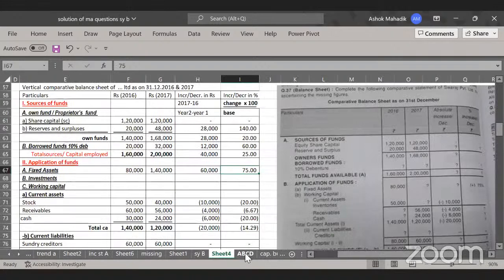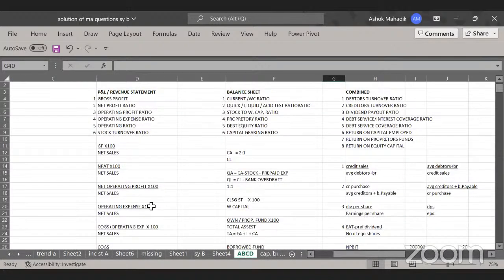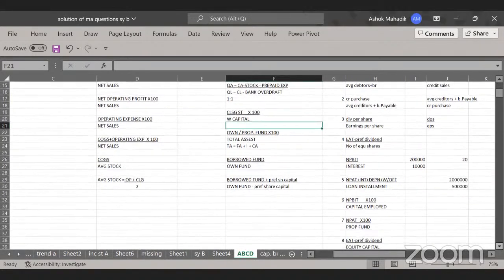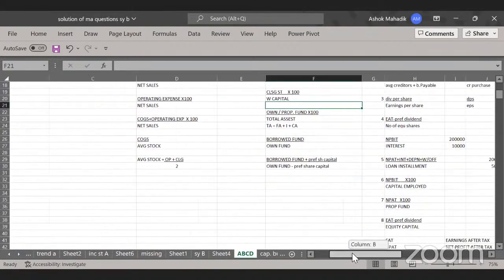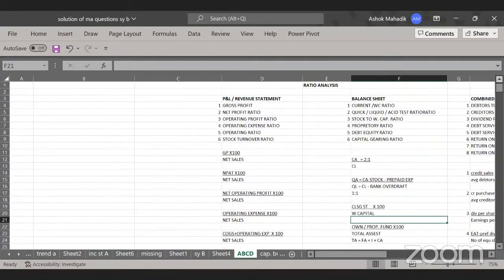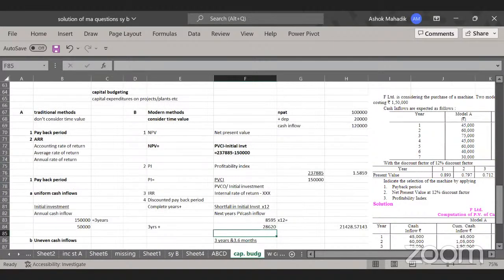We'll go to ratio analysis. There are ratios. Just a minute, students.